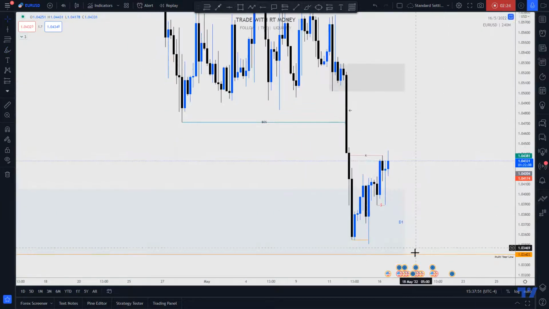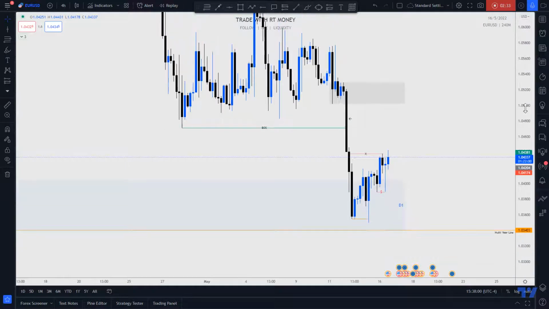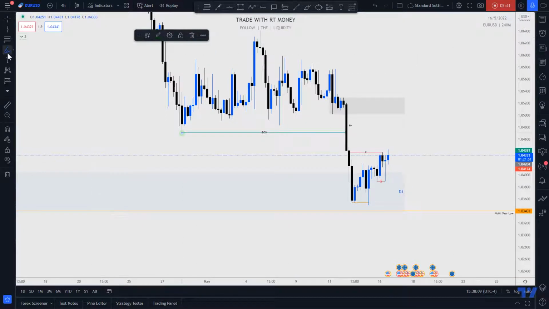Now, what am I expecting? What is the next expectational structural point? If we got a lower low here, and we have a lower high here, when we make a lower low here, what are we looking for next?